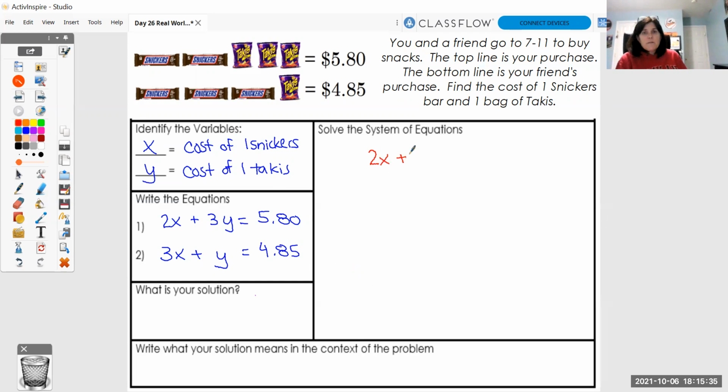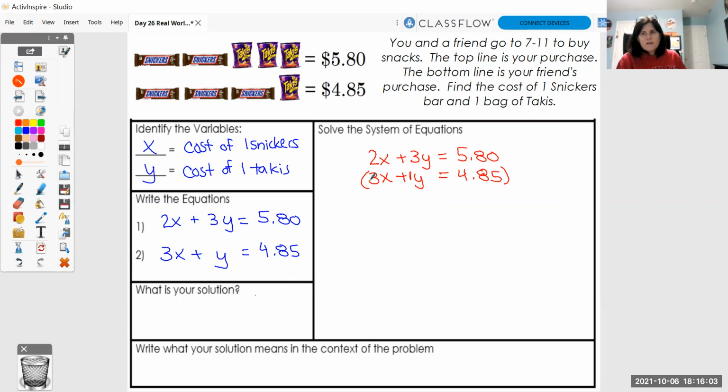I'm going to line these up. Although we can't eliminate this way, because this is a 1 here, all I need to do is multiply this equation by -3, and then I can just add them. Or if I multiply it by 3, I can subtract them.